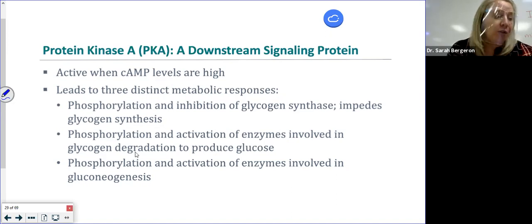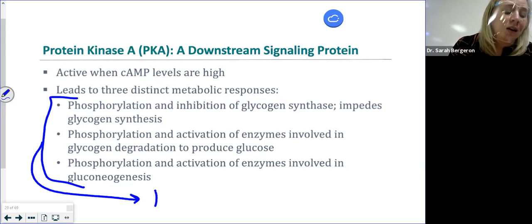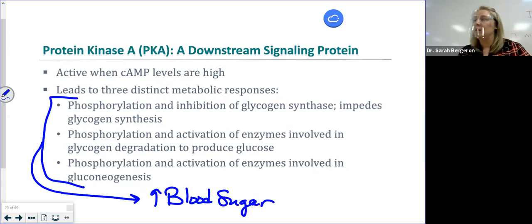All three of these things are going to result in what? Increased blood sugar. That's the whole point of releasing epinephrine and releasing glucagon, so that we can increase our blood sugar.